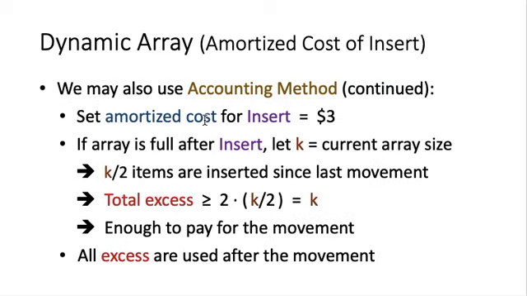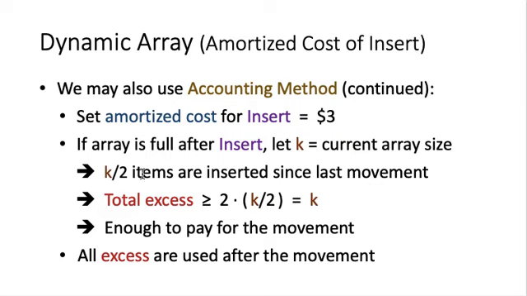Okay, now let us take a look at the other scenario, which happens when the array becomes full after insertion. Now, if the array is full after insertion, let's say K denotes the current array size. What we know here is that when it is full after insertion, a relocation event occurs, but then there must always be at least K over 2 items inserted since the last relocation event, since the last movement event.